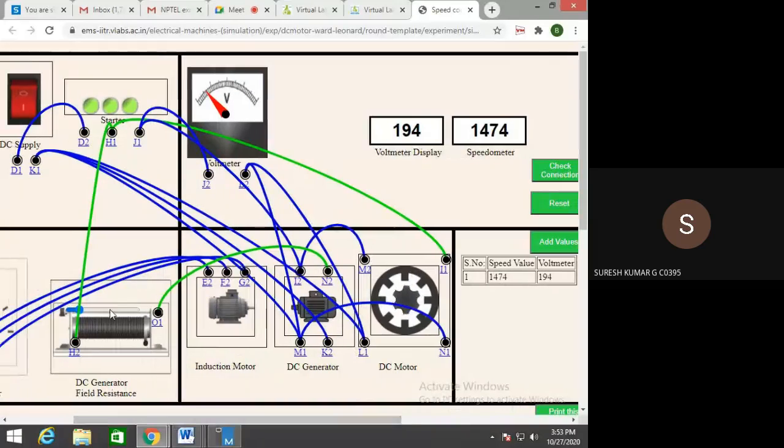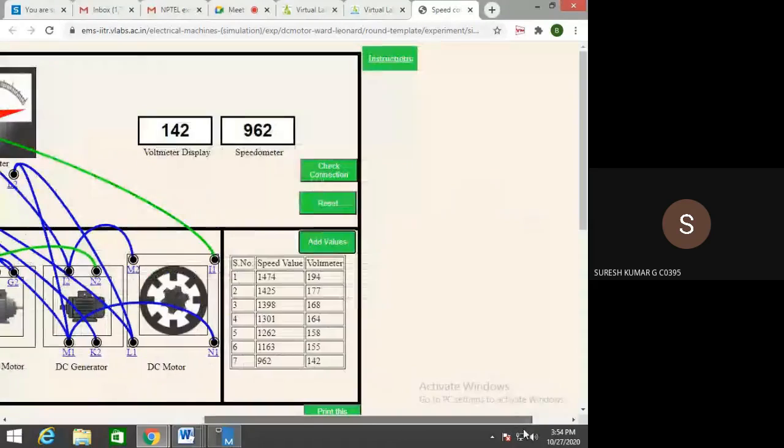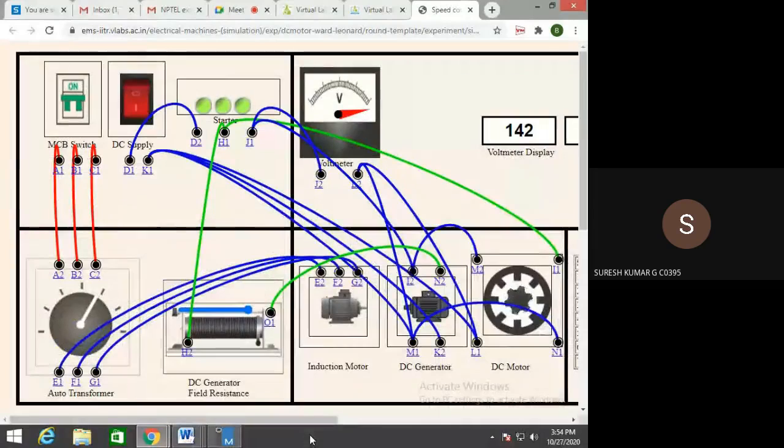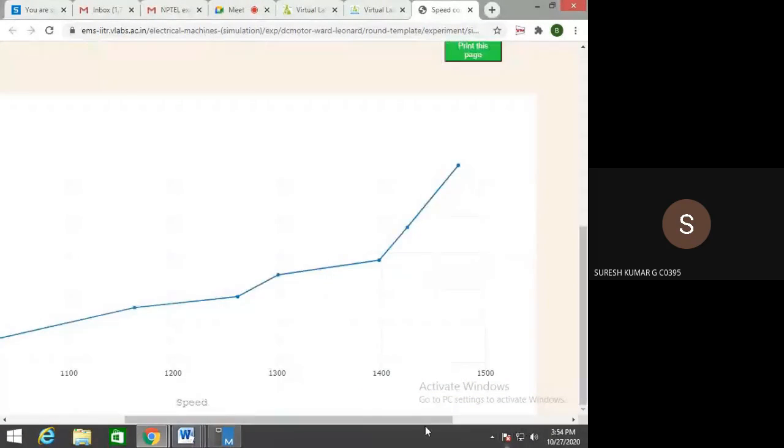With the help of varying the DC generator, we can get the same reading. So here we can get the graph.